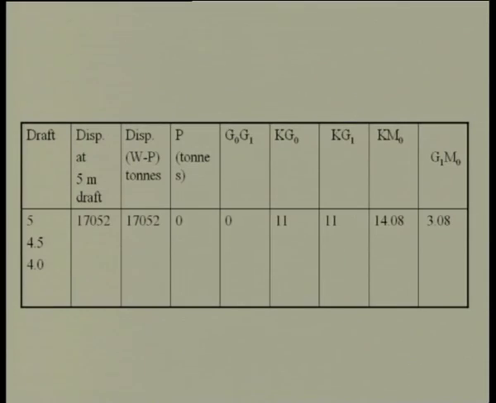In this particular problem, I do not think there is anything like that. If you do that, there is a slight difference. First of all, actually you should get exactly the same. It is because of errors in the values of Km, it is not always accurate. Here you see this draft Km 0, 14.08, 15.26, they are not absolutely accurate.